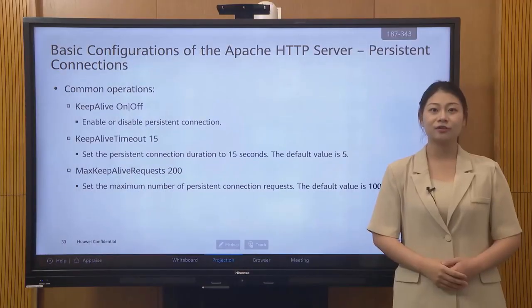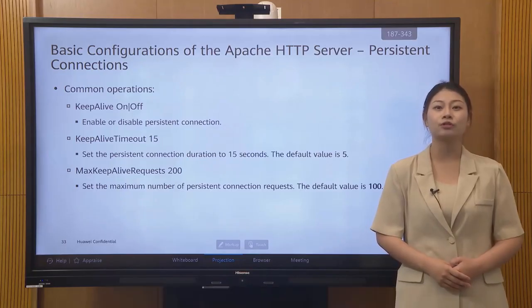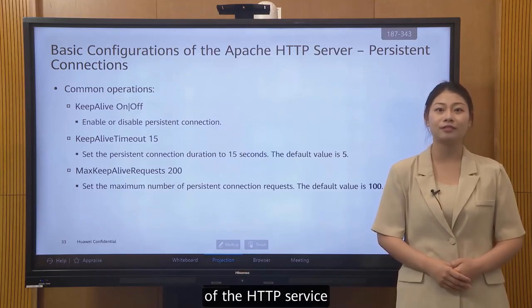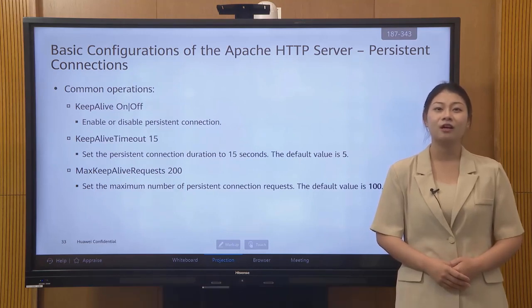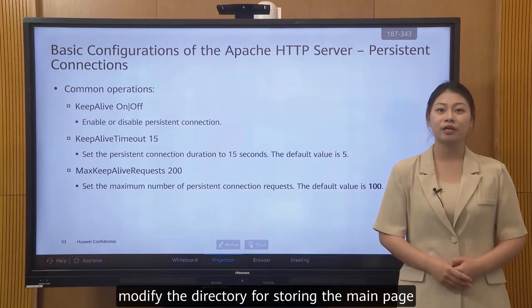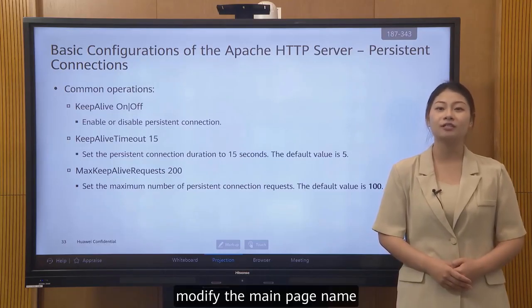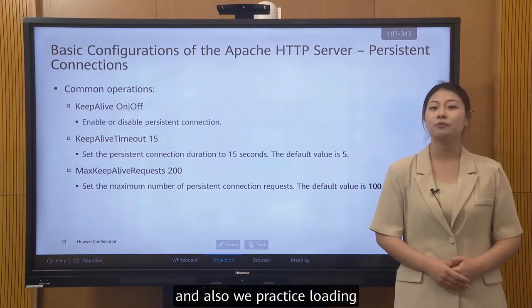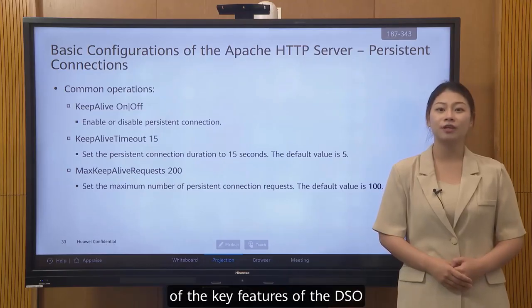In this section, we changed the listening IP address and port of the HTTP service, modified the contents displayed on the main page, modified the directory for storing the main page, modified the main page name, and also practiced loading and uninstalling dynamic functional modules, the key feature of DSO.